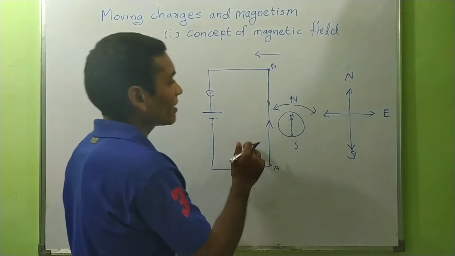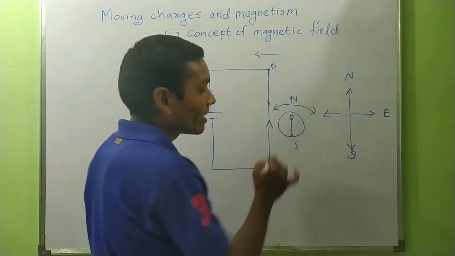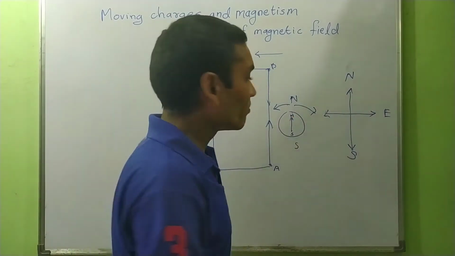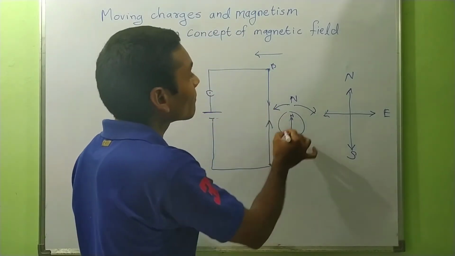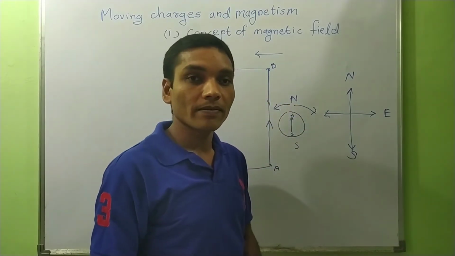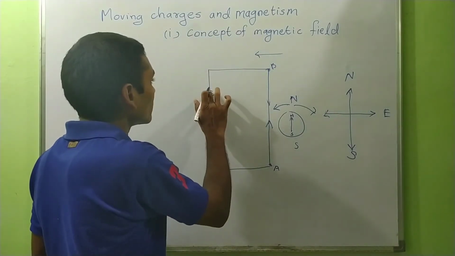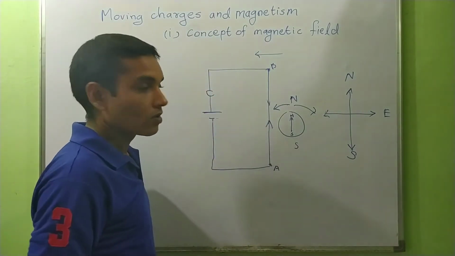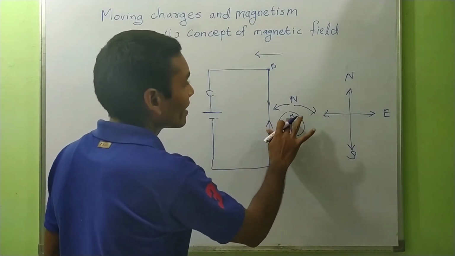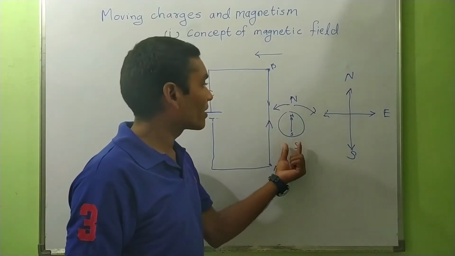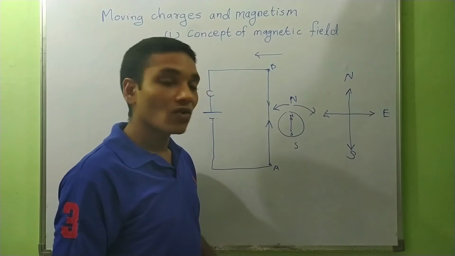Here we can say that the magnetic needle deflects, means a magnetic field should be there. And if the current is stopped, then the magnetic needle of the magnetic compass does not deflect.